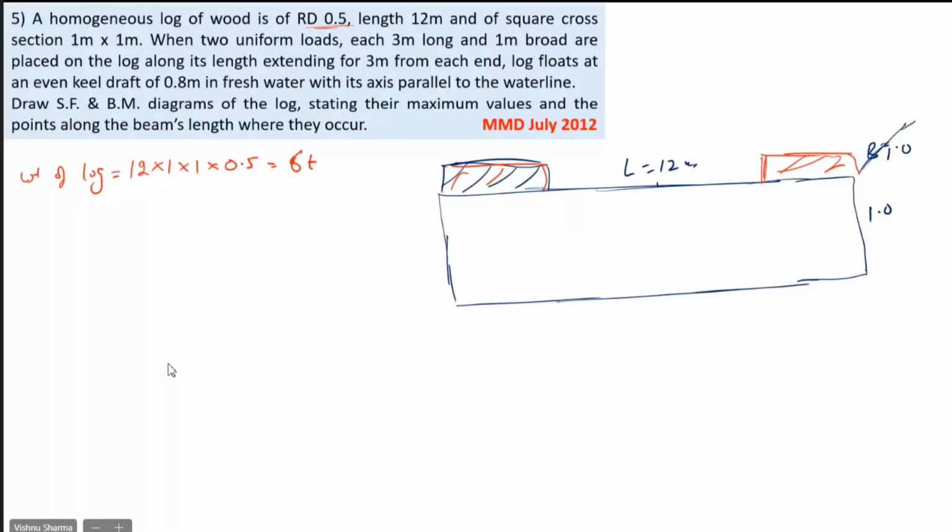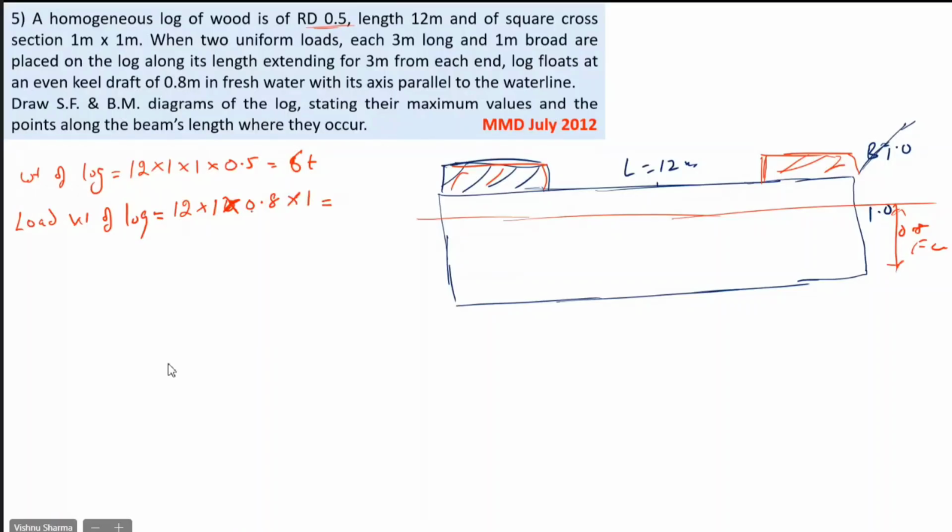Okay. And then we can find out at 0.8 in freshwater draft the load displacement of the log. It will be the length of the log, underwater volume 12 into 1 into 0.8. This is the underwater volume multiplied by the density of the water 1. This gives you the load displacement. This is 9.6 tons. Am I right, guys?